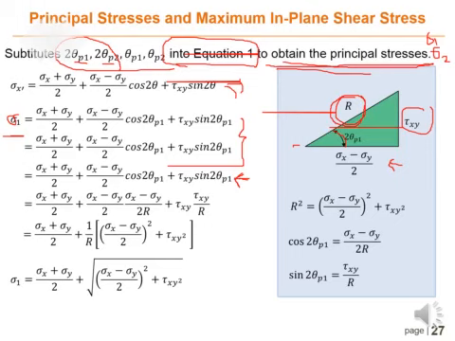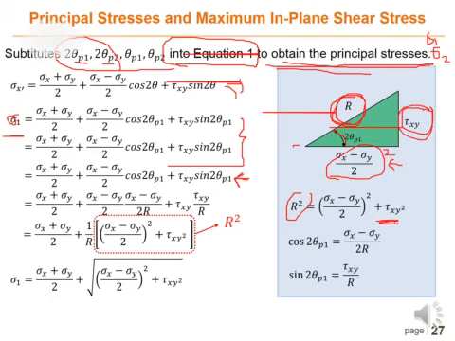Okay, so how to find r? R square is equal to the square of this one plus the square of tau xy. Based on this figure, we also know cosine 2 theta p1 is equal to the adjacent, which is sigma x minus sigma y over 2, divided by r.